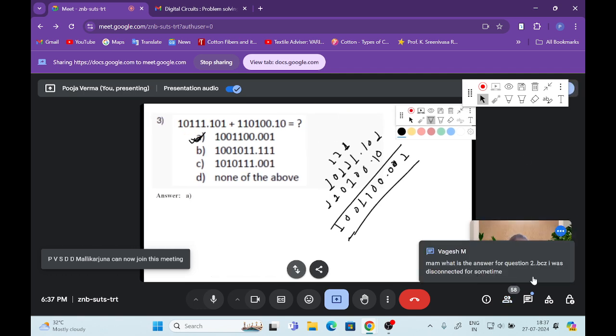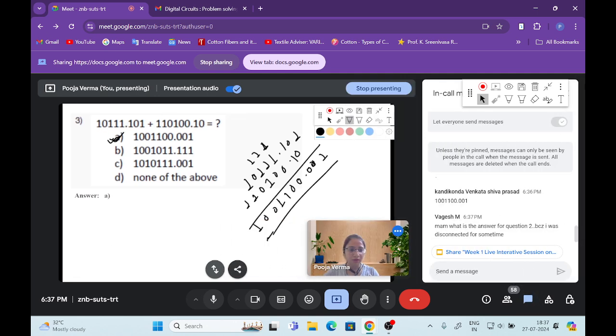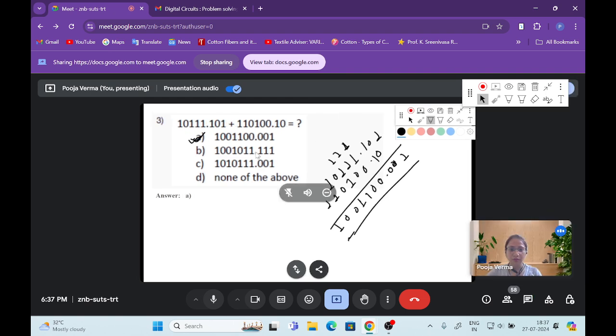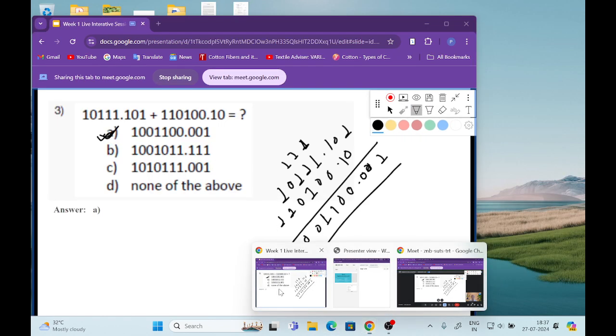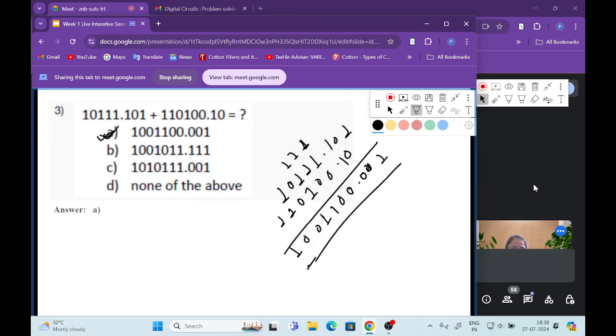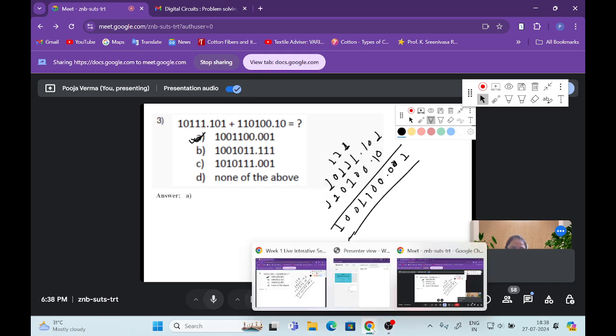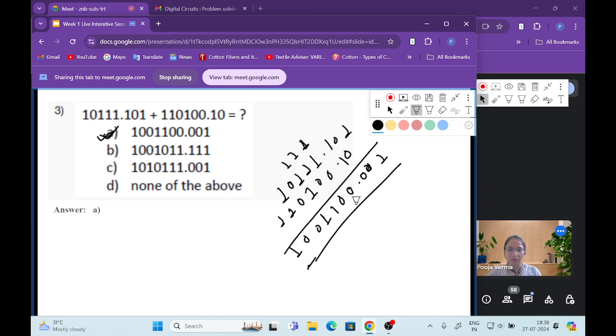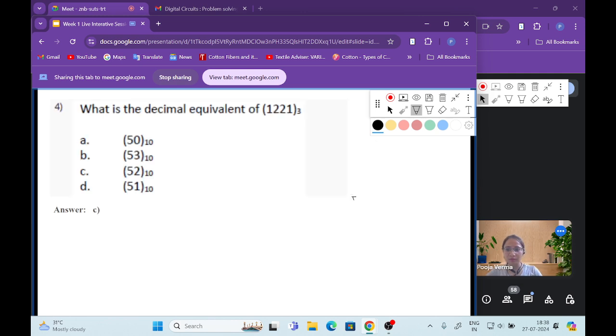What is the answer of question 2? You can see here. Answer is 9, option C. If you solve it like this. Okay. So moving to the next question.